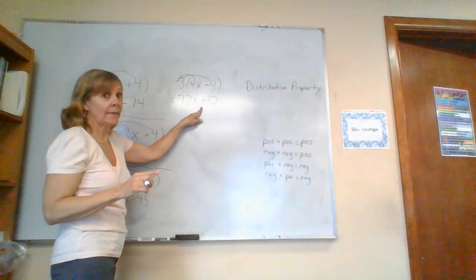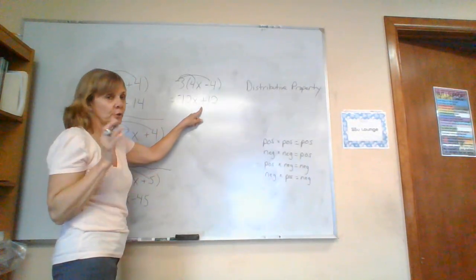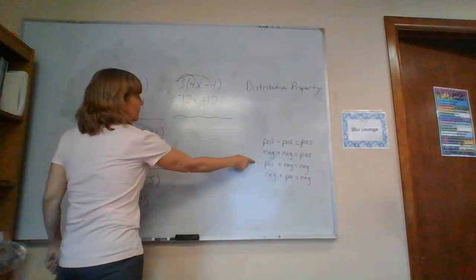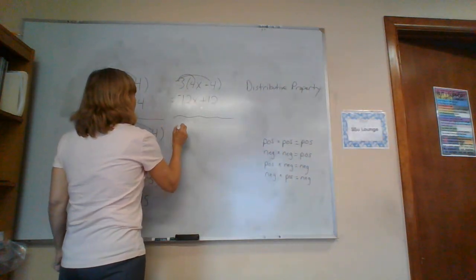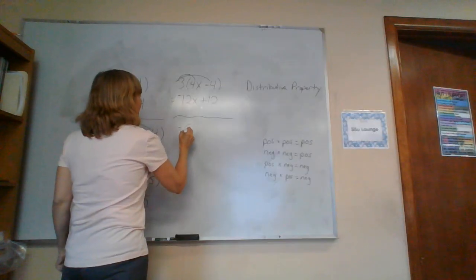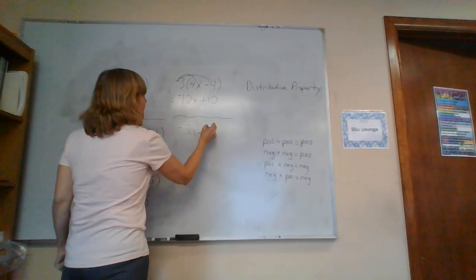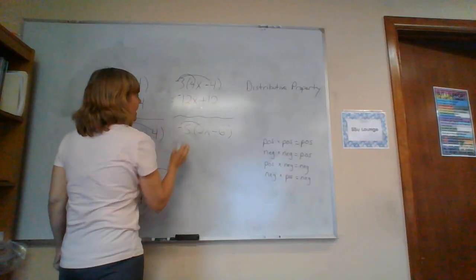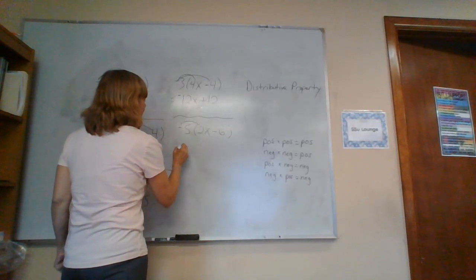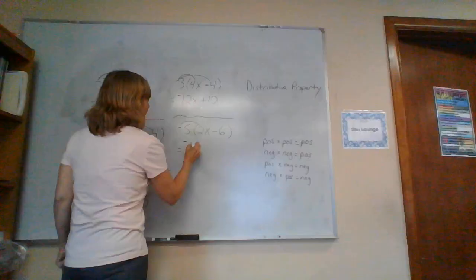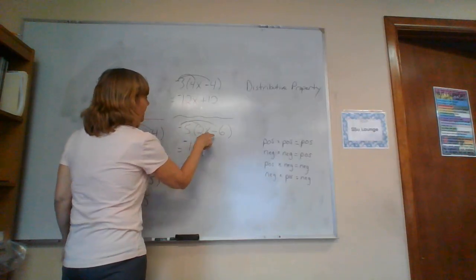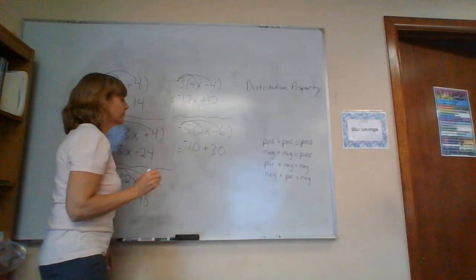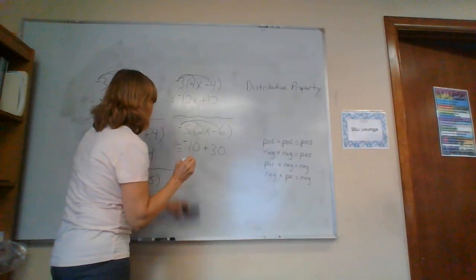And I'll say again, they will give the answer choice both ways, so you're going to have to know. So really, hone in on that rule. How about -5 times 2x minus 6? -5 times 2x, negative 10x. -5 times negative 6 is a positive 30.